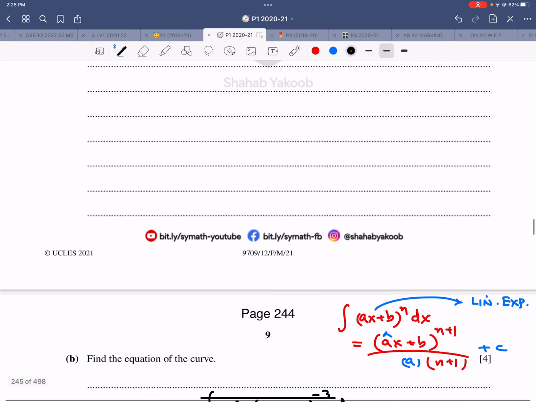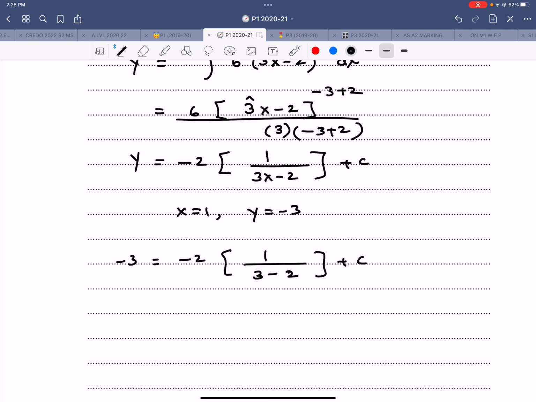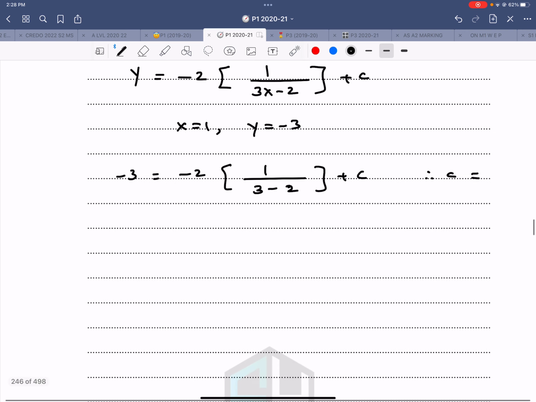When x is 1, y is negative 3. So negative 3 minus 2, 1 over 3 minus 2 plus c. You will find the value of c. Therefore, the equation is minus 2 over 3x minus 2 plus this value of c.